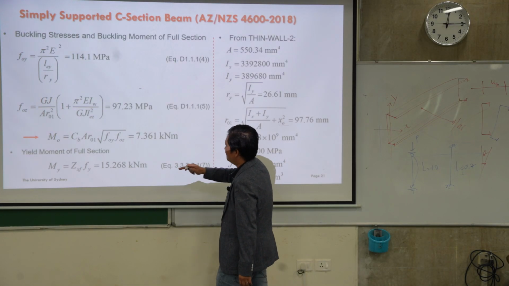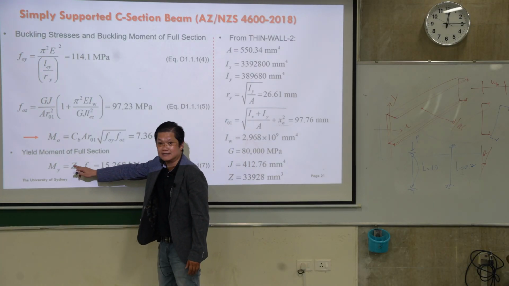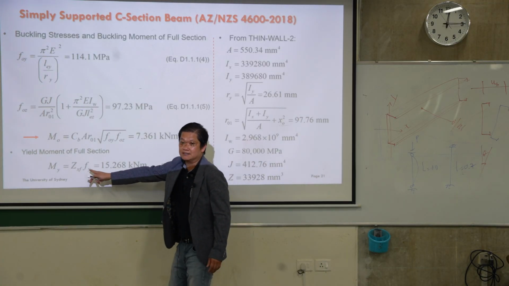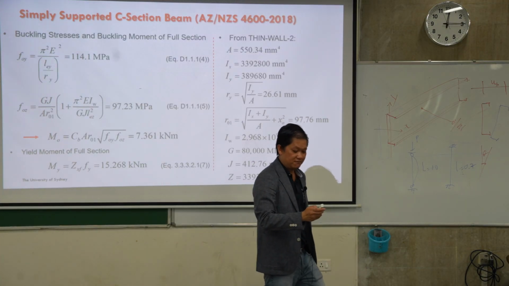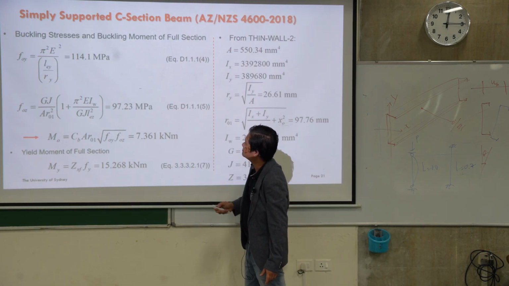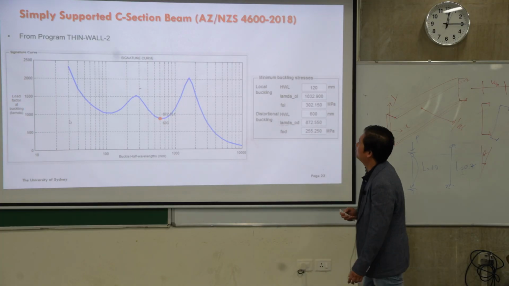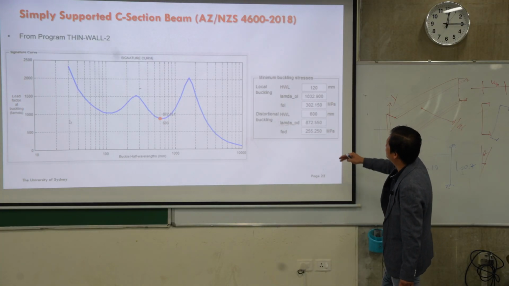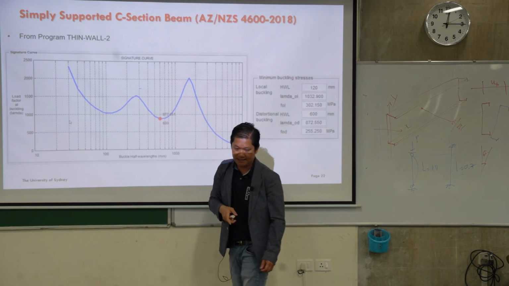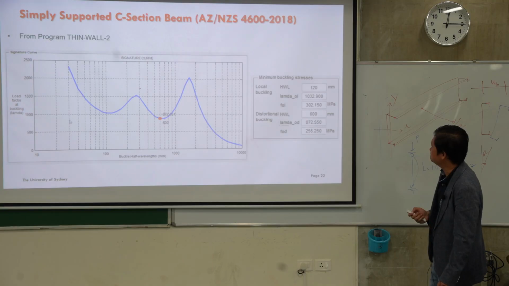Right, so then we calculate the yield moment. Very simple: you get the section modulus, you multiply it by the yield stress, and you get MY. Very simple. You have buckling, and you have yield here. So what do you do next? From this curve, you have two minimum points. One is local buckling, and one is distortional buckling. Remember, this is the stress.